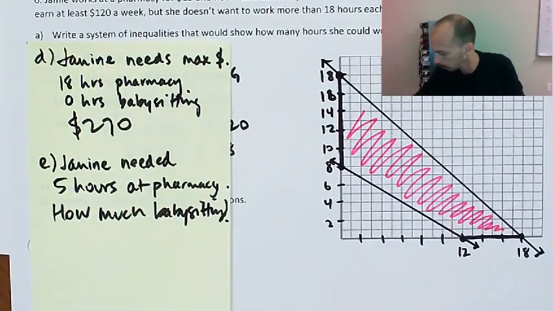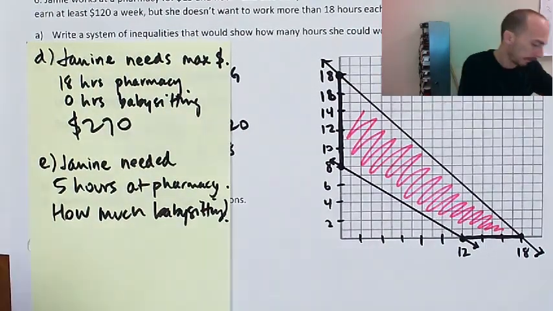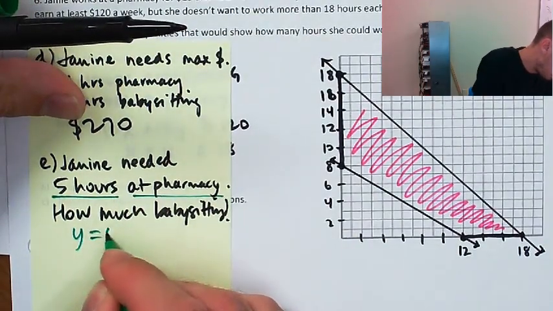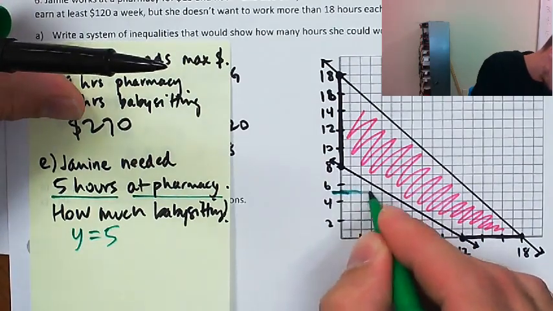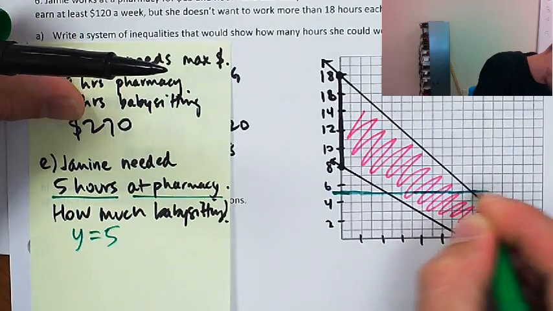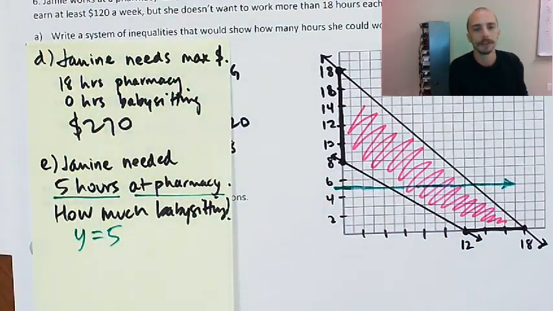Okay, so what we're doing here really is we're just saying, when we dictate 5 hours at the pharmacy, that's y equals 5. So I go over here to 5, and now I'm only along this green line. This is the end of the road for this green pin. I have to stay along there.